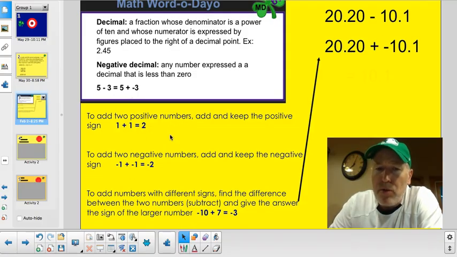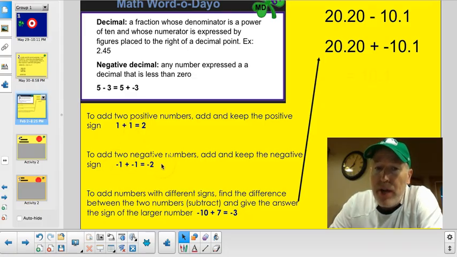All right, here are some general rules I use that really make adding and subtracting negative numbers manageable. First of all, if you're going to add two positive numbers together, this is just what you've been doing since second grade. Just add them and keep the positive sign. 1 plus 1, that's 2.